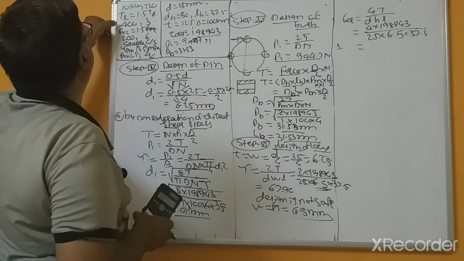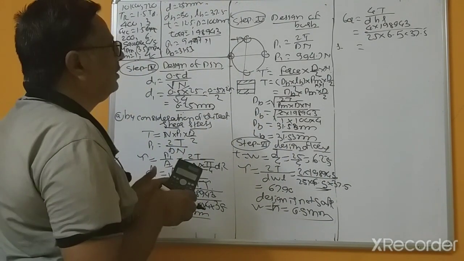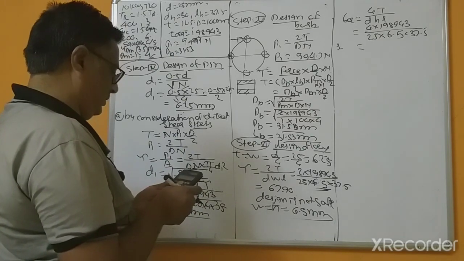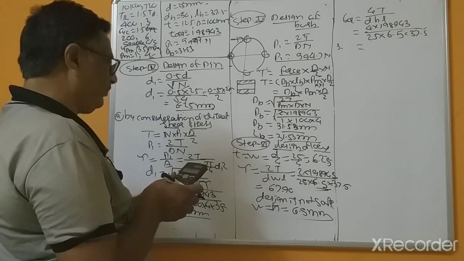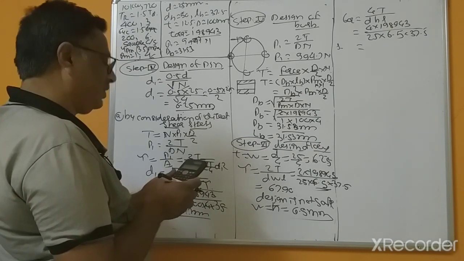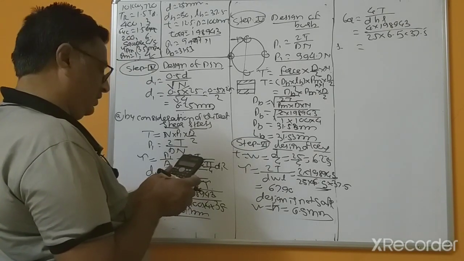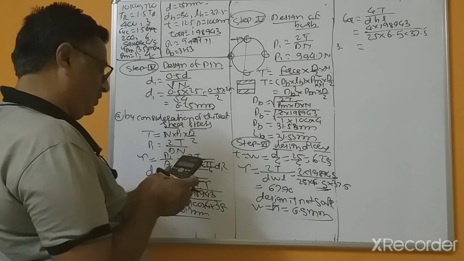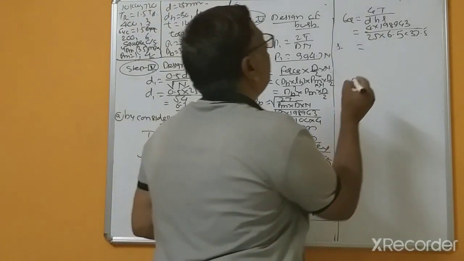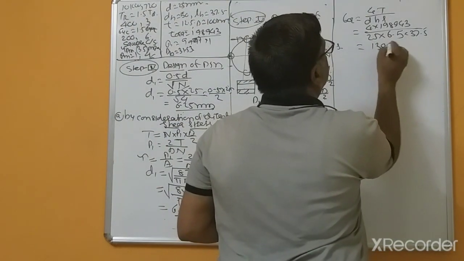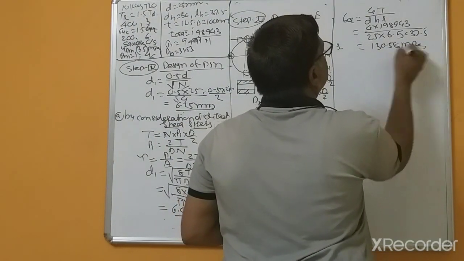This is 400. 198943 multiplied by 4 divided by 25 divided by 6.5 divided by 37.5. This is 130.58 megapascals.